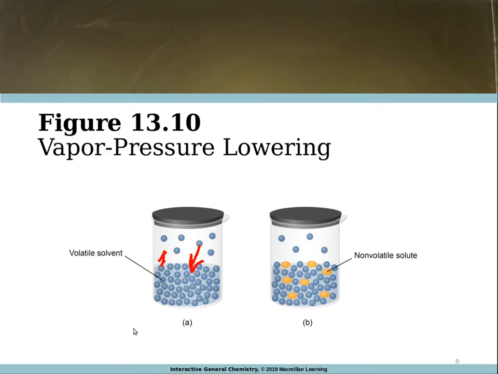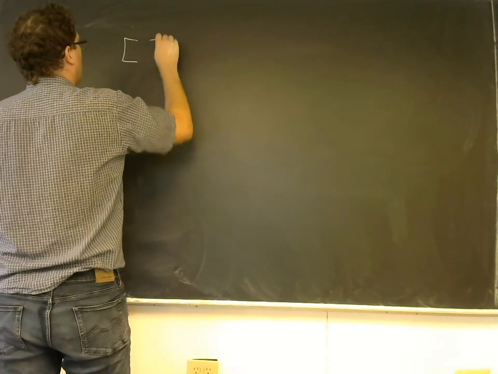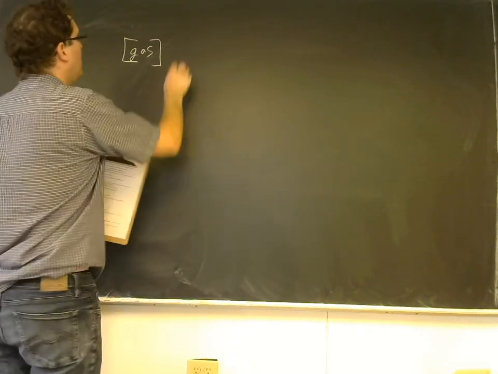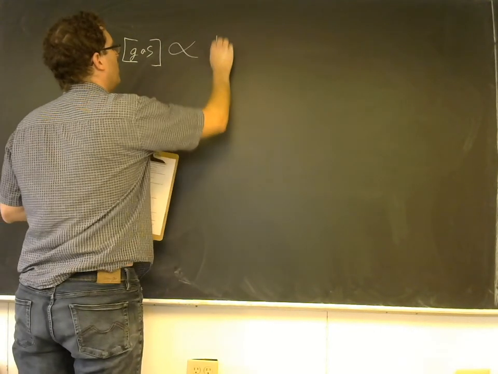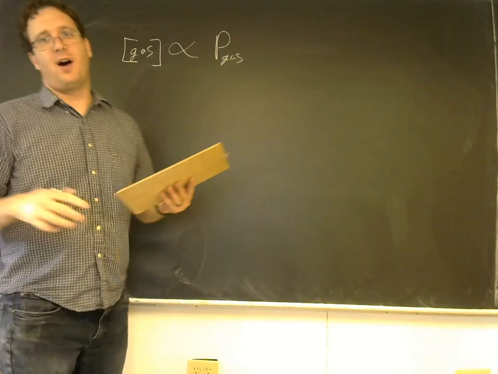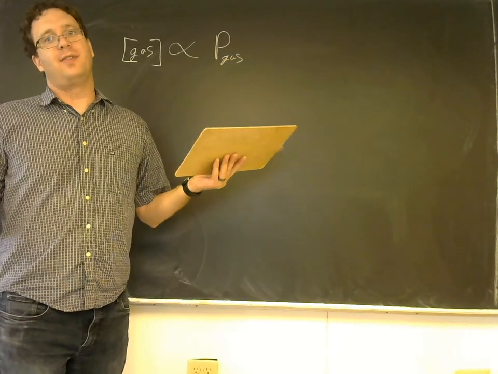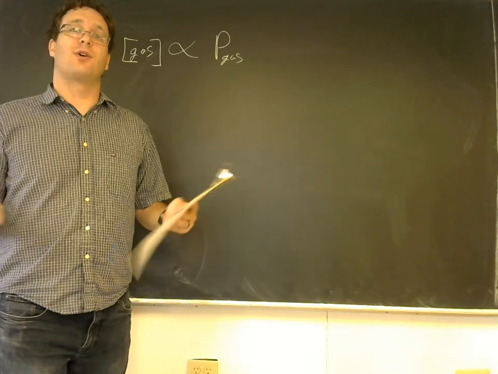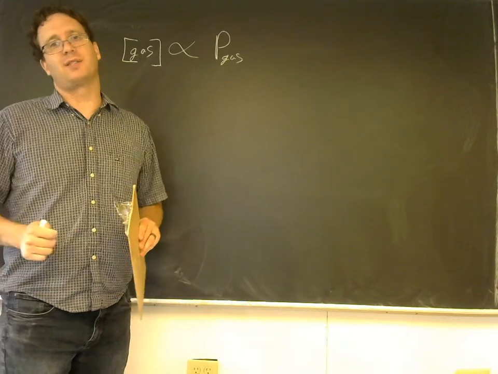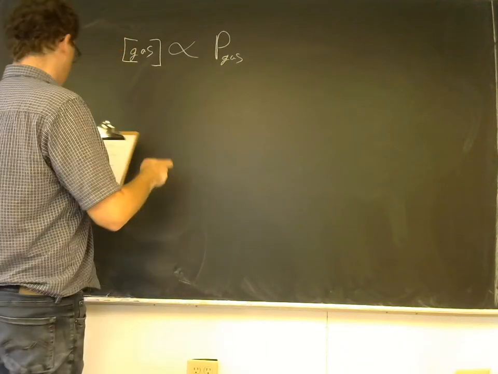Anyway, what this all amounts to is that the molar concentration of a gas in solution is going to be proportional to the partial pressure of that gas. If I have a higher pressure of gas, then I'll actually increase the solubility of that gas in solution, even if the temperature remains constant. This is called Henry's law.